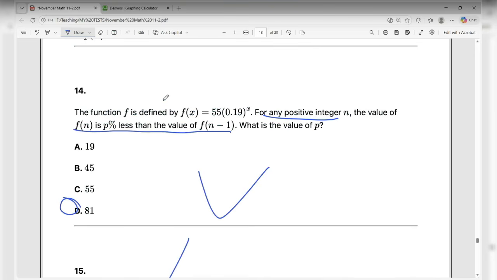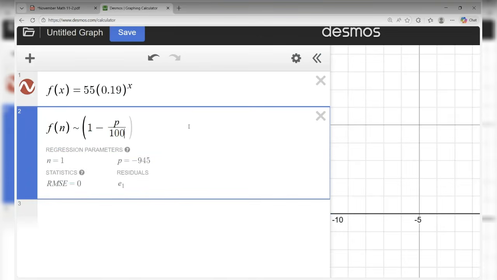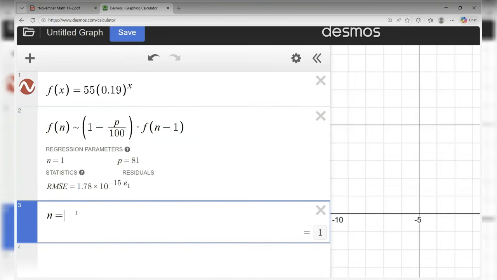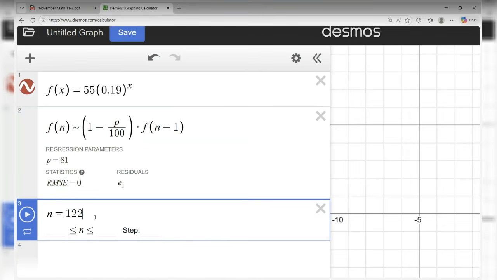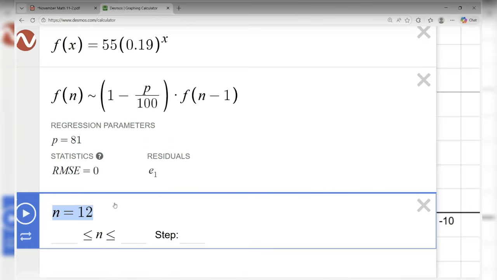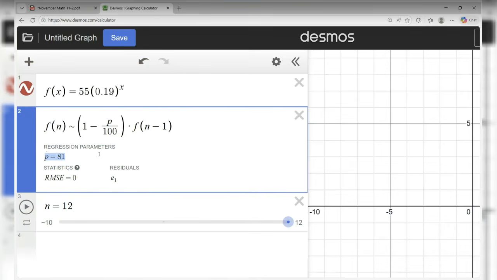Guys, if it is p% less, we must do 100 minus p over 100 and multiply it by f of n minus 1. And instead of n here, I'll be using any positive integer, for example 12. And then the value of n is 12, the value of p is 81, the final answer. Just like we're using the Desmos, creating an equation, and that's all.